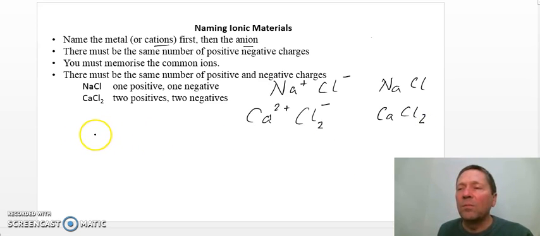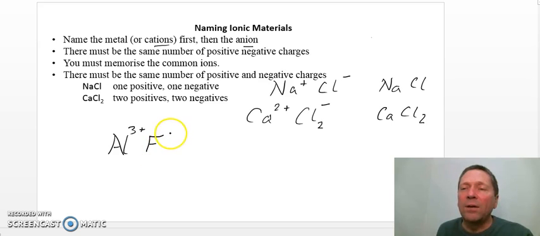There's a little trick you can do for working out the formula. If I say aluminium fluoride, how do I know what the formula is? Well, aluminium is 3+ and fluoride is 1-. And so we're going to need 3 of these.